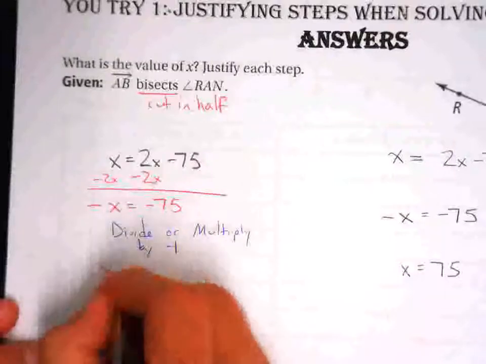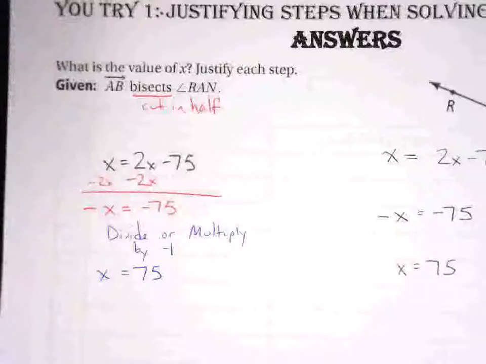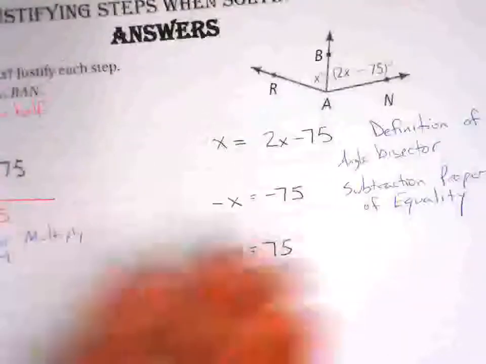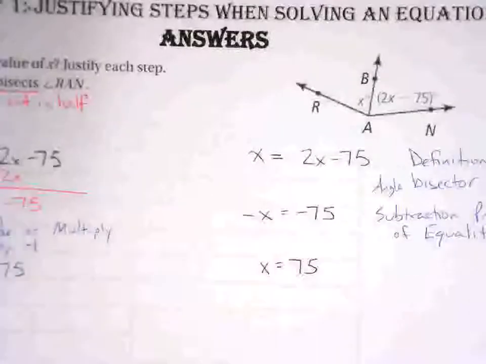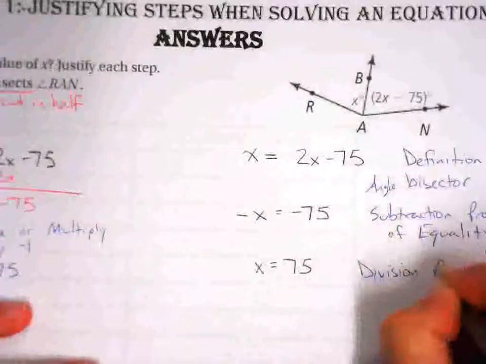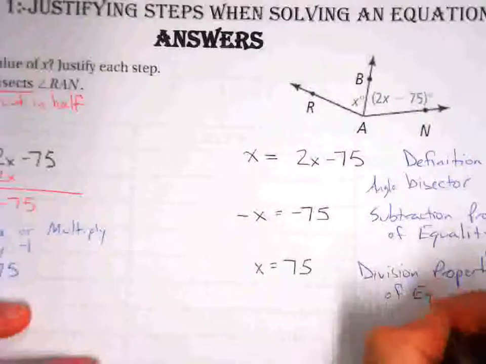If you're thinking that you multiplied both sides by negative 1, then you would write the multiplication property of equality. If you think that we divided both sides by negative 1, you would write the division property. I personally don't care, so I'll say division property of equality. Why not? So that's how we justify steps. That's how that works. Cool, good, great, grand. Next.